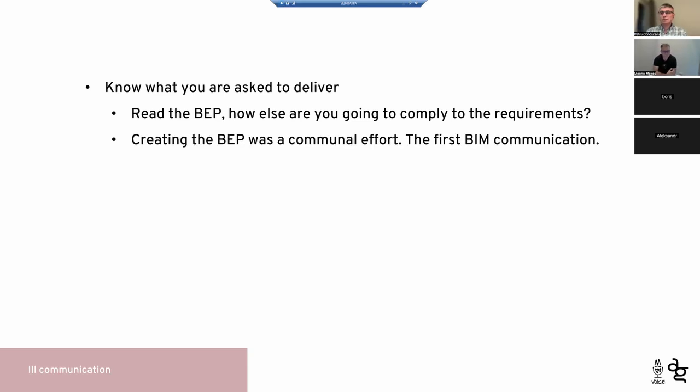And because of that, the execution plan was a communal effort. It's the first BIM communication with your team before you start a project. So it's quite important. And if you're a BIM manager, of course, you know how to create them, how to read them. But if you are a modeler, I think you should also go and join your project leader or your manager while you are creating the execution plan, because then you get to know the people on the other side of the models.